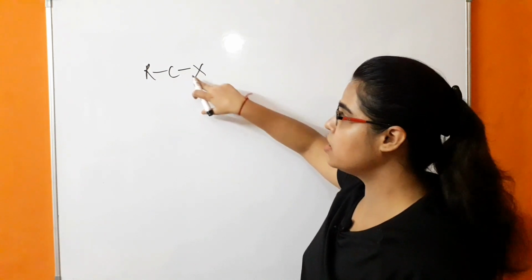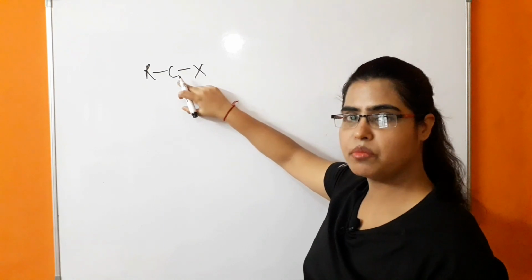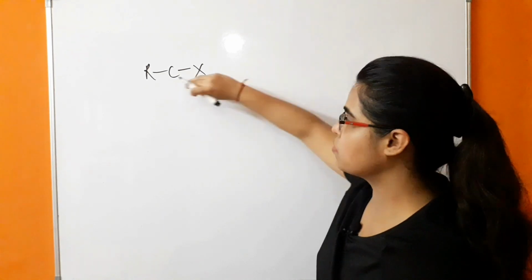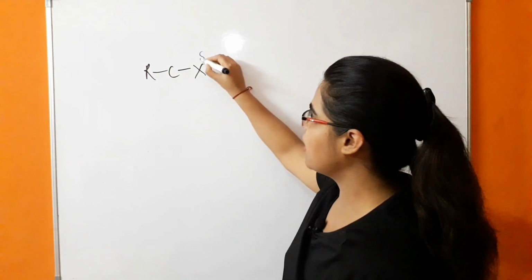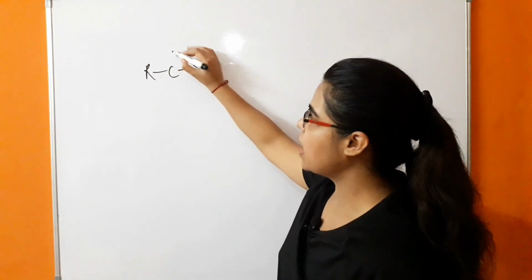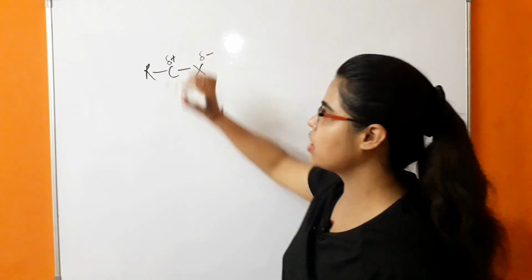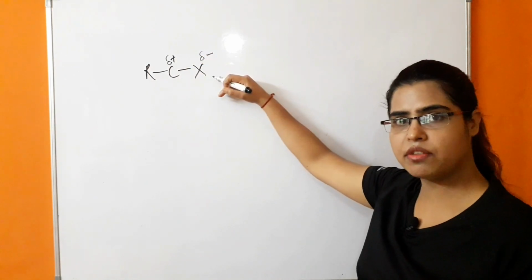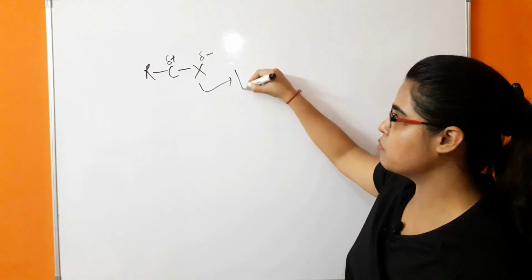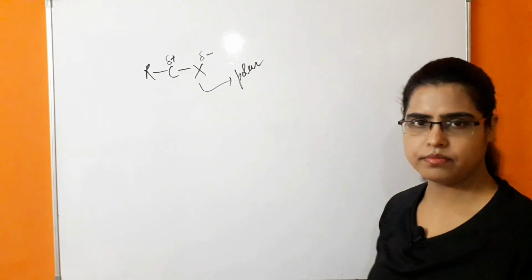It means the shared pair of electrons of the carbon halogen bond is shifted towards the halogen, due to which the halogen will have a partial negative charge and the carbon a partial positive charge. So because of the electronegativity difference, this carbon halogen bond is polar.